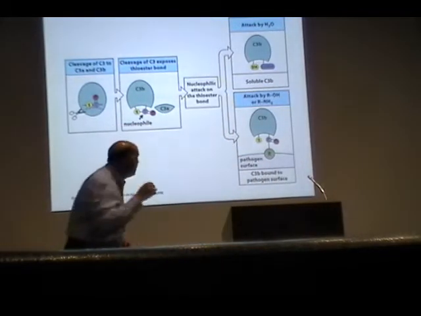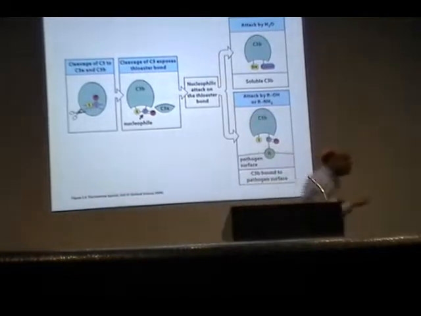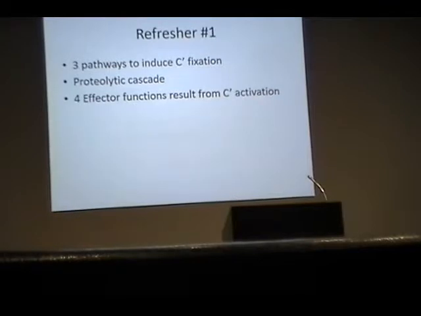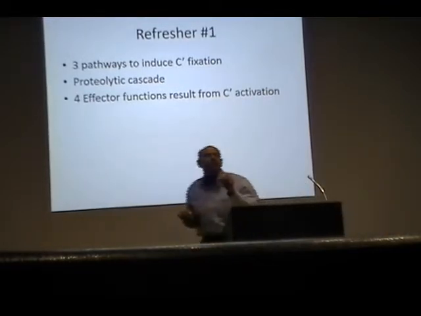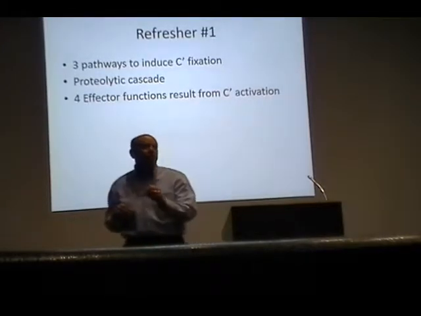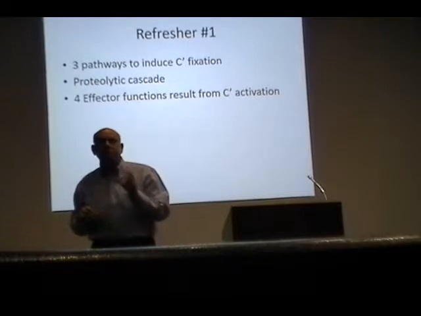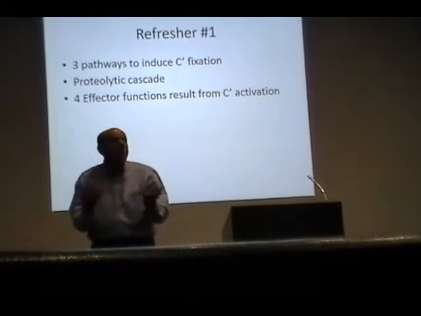I'll go back to a refresher slide just so you have it when you're studying. Complement fixation, that is the chemical binding of C3b to the bacteria. So our goal here is to cover bacteria with C3b. We do it by cleaving C3, which is inert, with the C3 convertase.